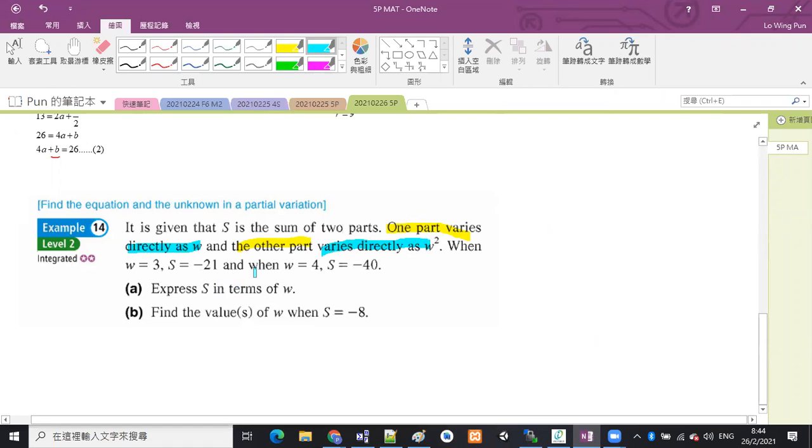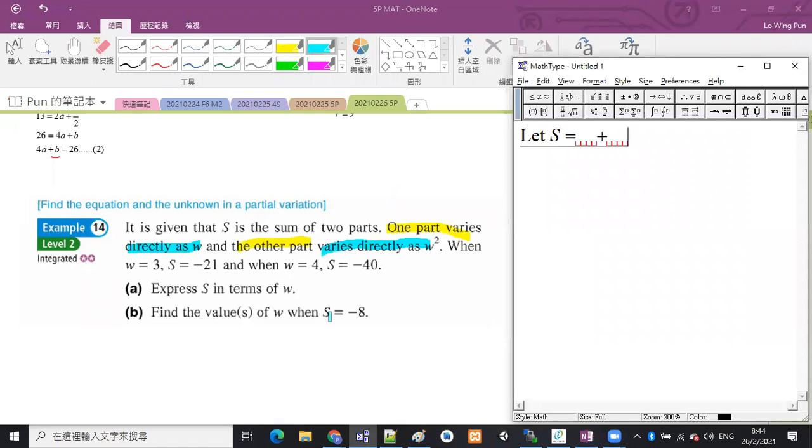Okay, can you read it? So we will let S, the first part is directly as W, so it is A times W. That's it. And then the other part, that is the second part, varies directly as W square. So we use B times W square.